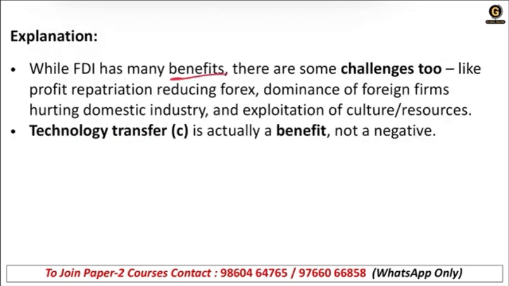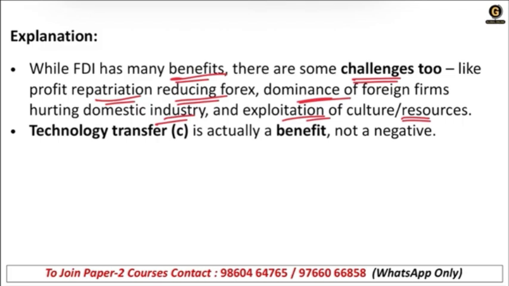While FDI has many benefits, there are some challenges too. Like profit repatriation, reducing forex, dominance of foreign firms, hurting domestic industries, and exploitation of culture or resources. Sometimes FDI is coming in India or other countries.